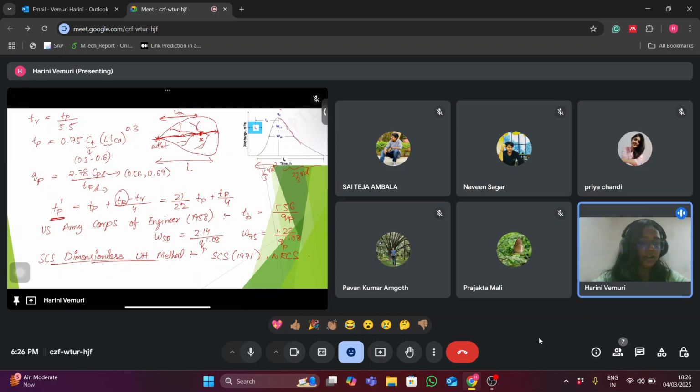What does dimensionless unit hydrograph mean? Suppose in this hydrograph, the x-axis has a time unit and the y-axis has a discharge unit. So it's not dimensionless. But in the case of a dimensionless unit hydrograph, the x and y axes don't have any dimension. How do we obtain that? If we divide the discharge by the peak discharge, it will be a dimensionless quantity. So it is a plot of discharge by peak discharge versus time by time to peak.